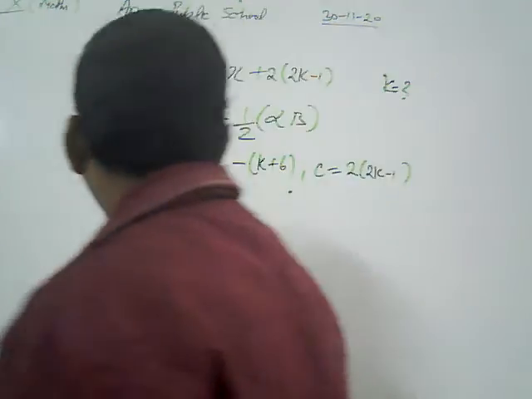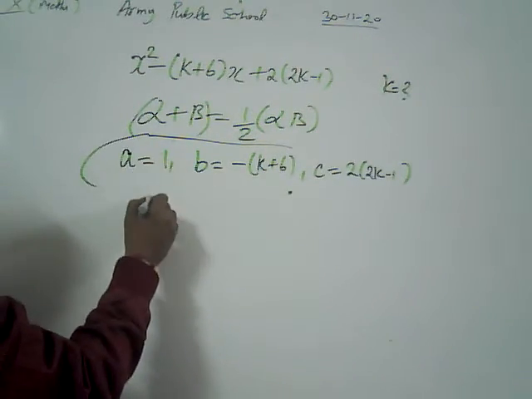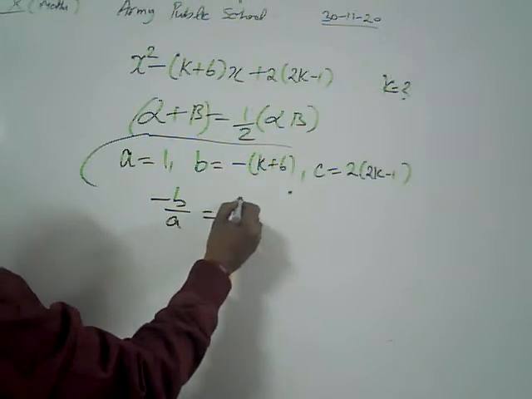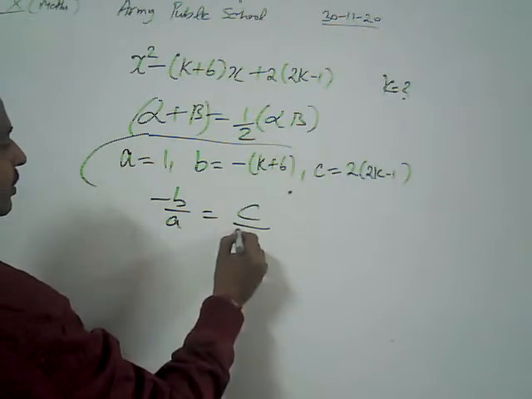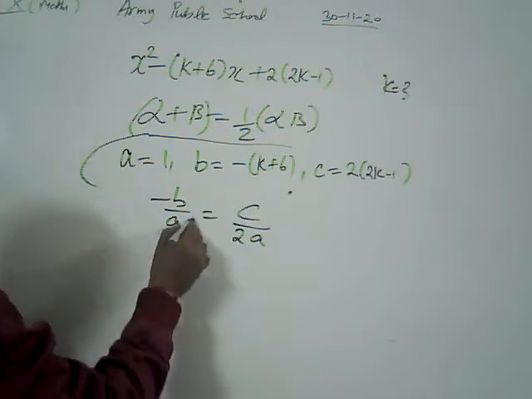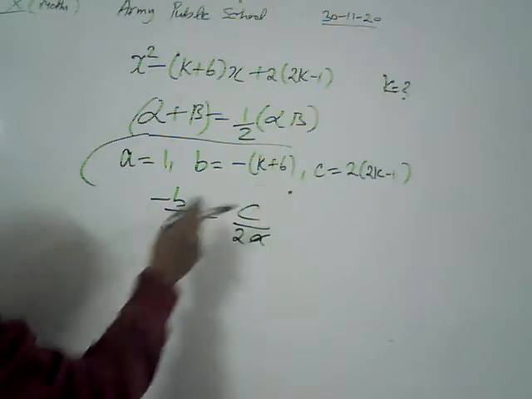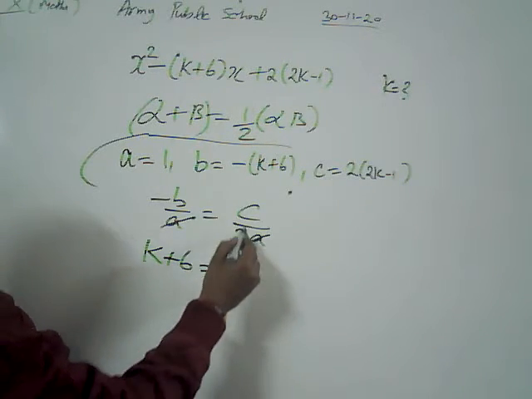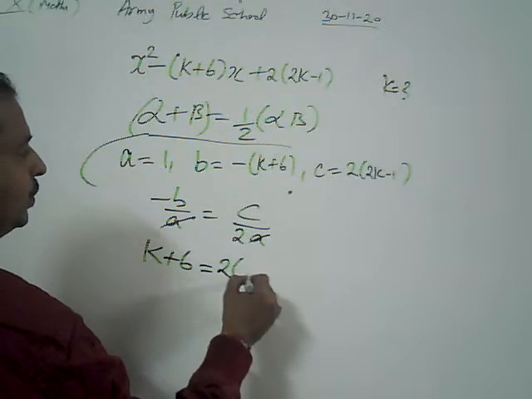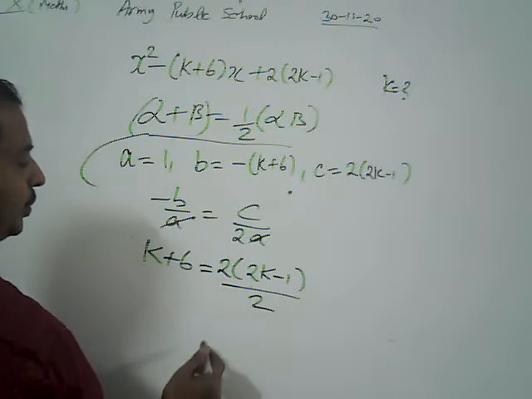Now look, what is alpha plus beta? From here we get minus b by a, and alpha beta is c by a. Here the sum is half of the product, so we get c by 2a, and a and a cancel out. Putting the values of b and c: b is minus, so minus minus is plus, giving k plus 6, and c is 2(2k - 1) upon 2.